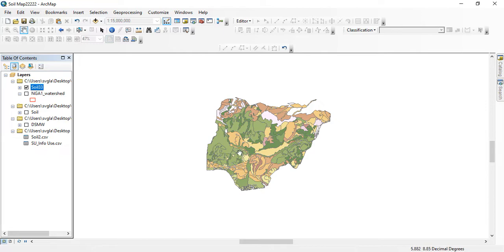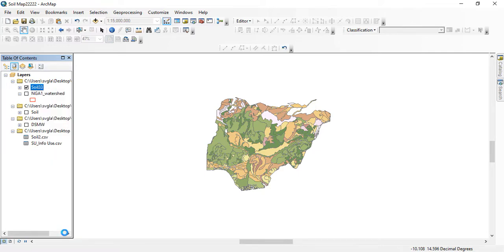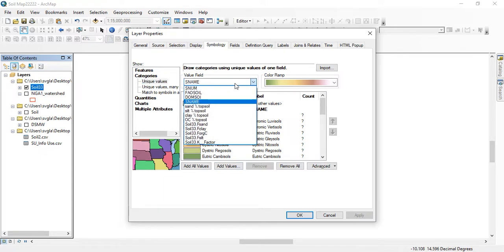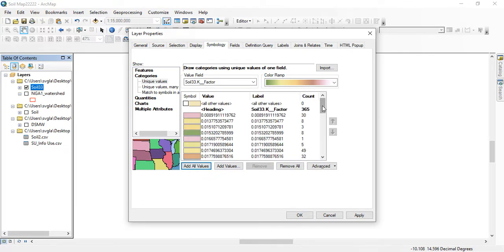Instead, I can reclassify this, going to my properties using the K factor instead of my other value which I use.